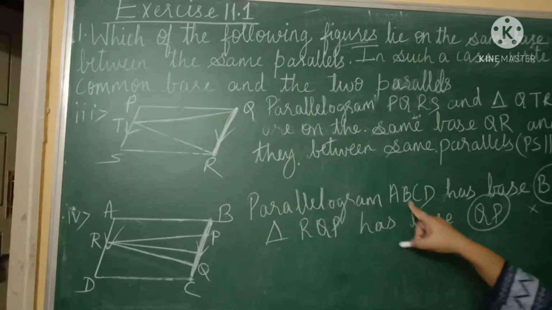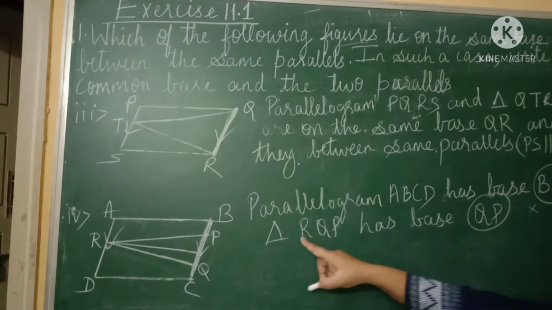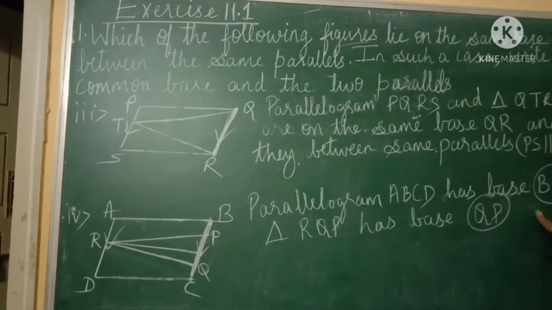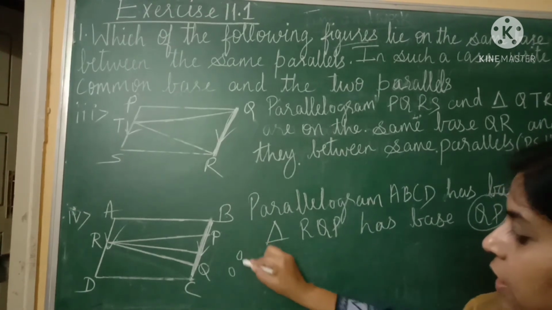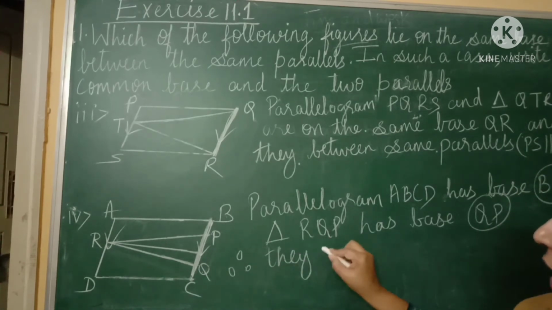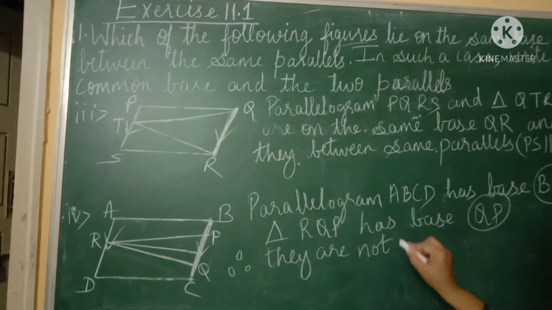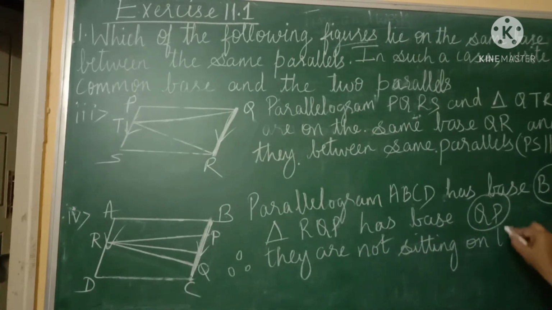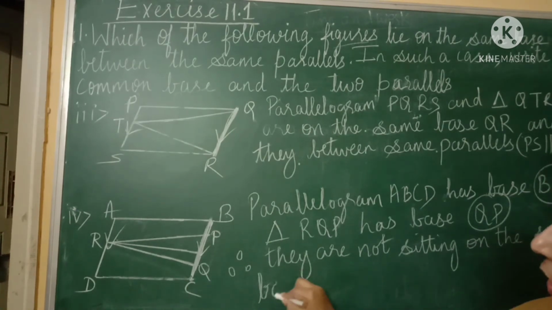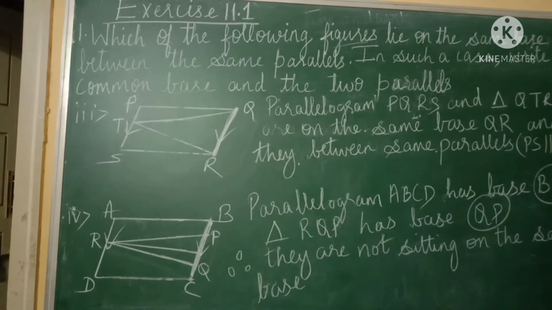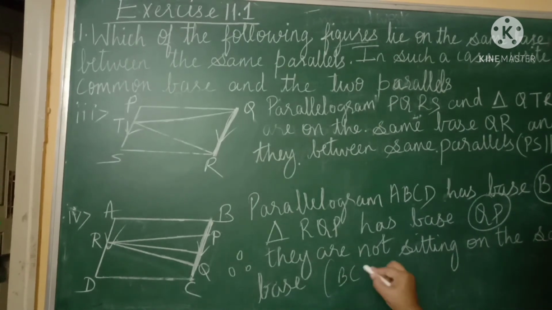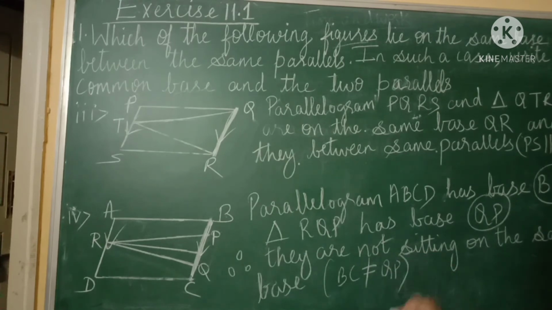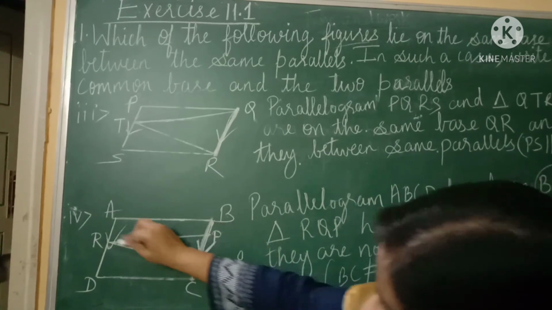So I can write: parallelogram ABCD has base BC and triangle RQP has base QP. Therefore they are not sitting on the same base, because BC is not equal to QP, but they are between the same parallels.